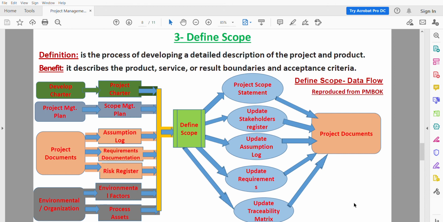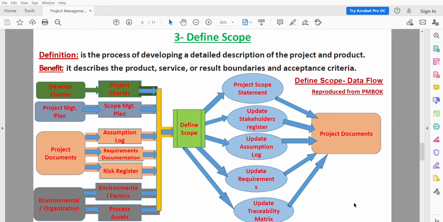It enables the project team to perform more detailed planning, guides the project team's work during execution, and provides the baseline for evaluating whether requests for changes or additional work are contained within or outside the project boundaries.